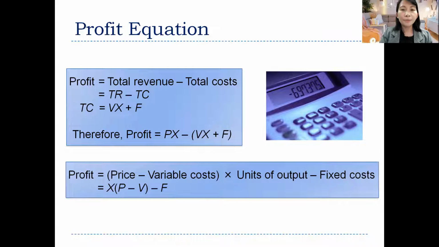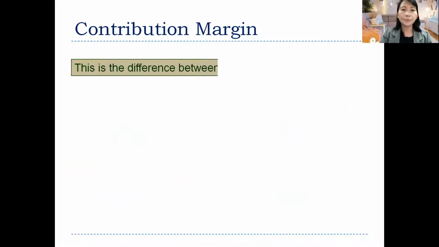Therefore, profit is equal to PX minus, open parenthesis, your VX, your variable cost, plus fixed cost, close parenthesis. So profit is equal to price minus variable cost, multiplied by units of output. Then you deduct your fixed cost.